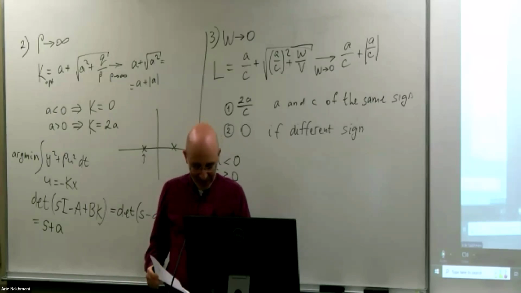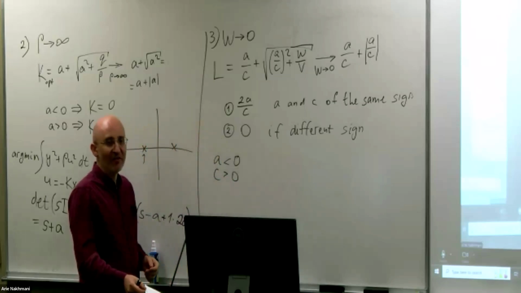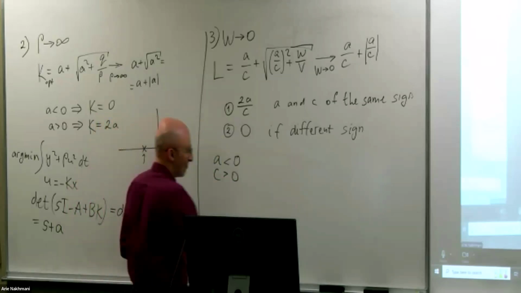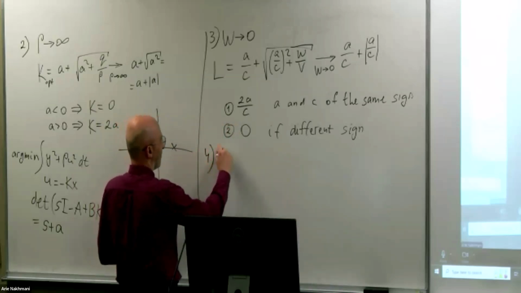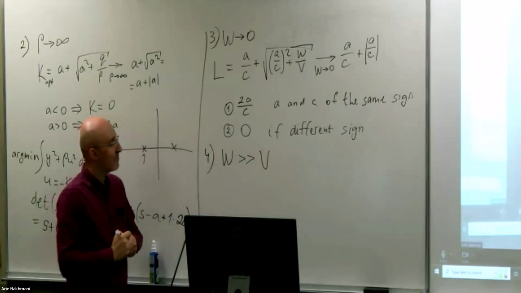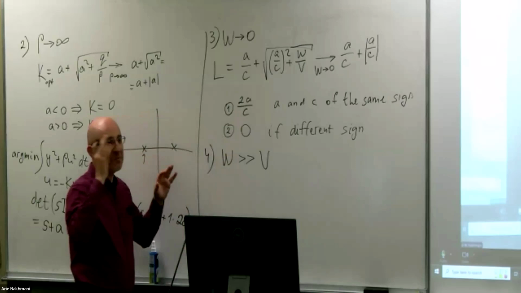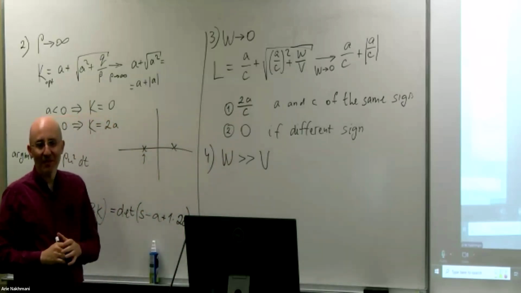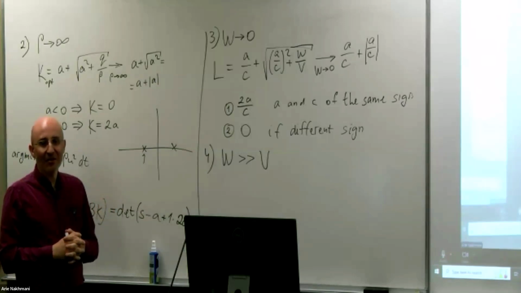Okay, let's try some other conditions here. Here's the next one. W is much larger than V. So this one is much larger than this one. And these ones are approximately of the same order of magnitude. So A and C are not super different.